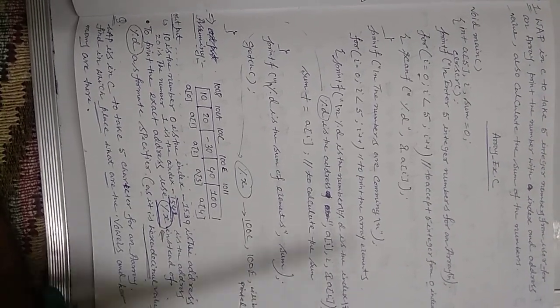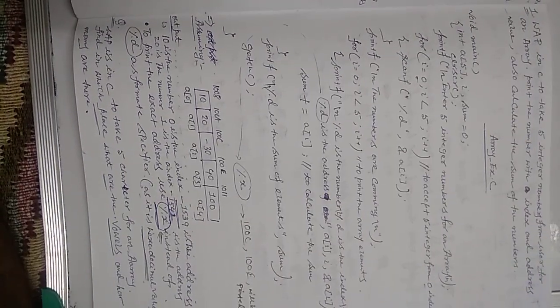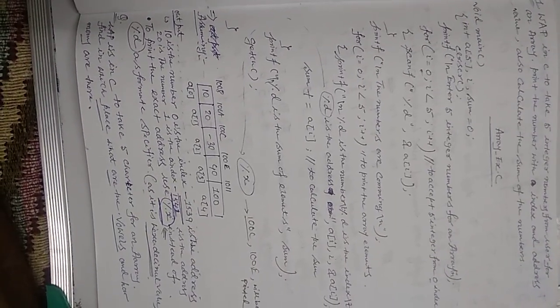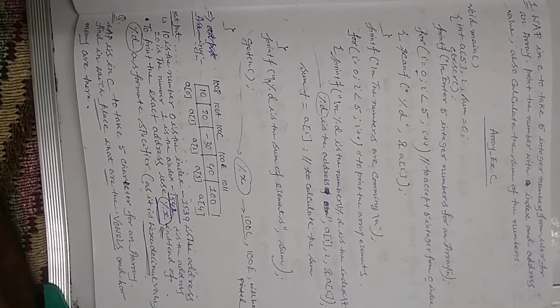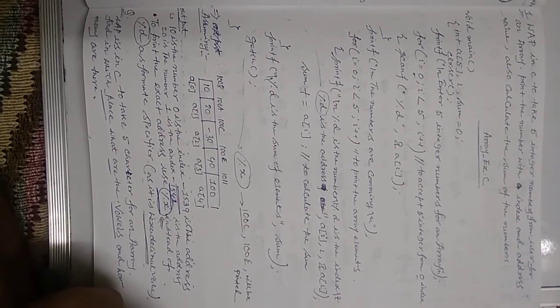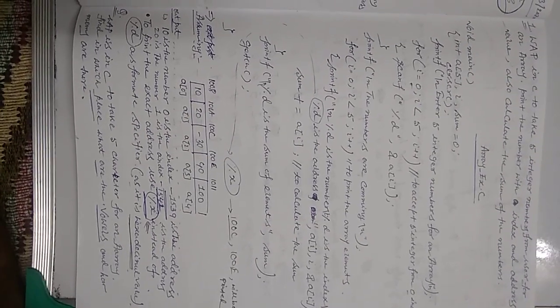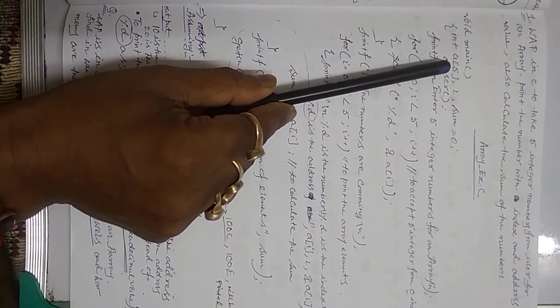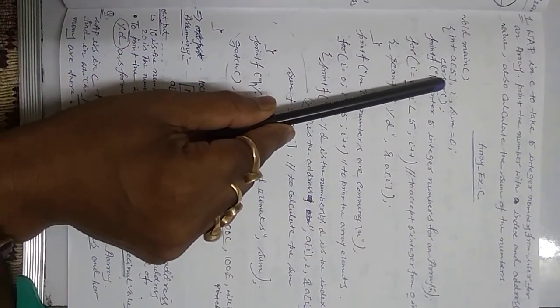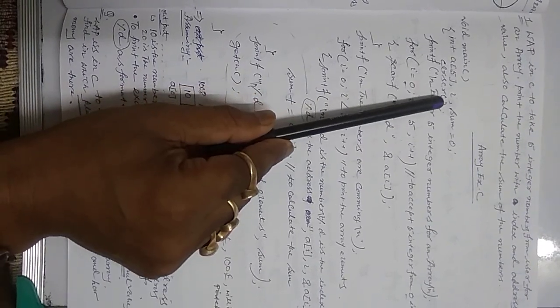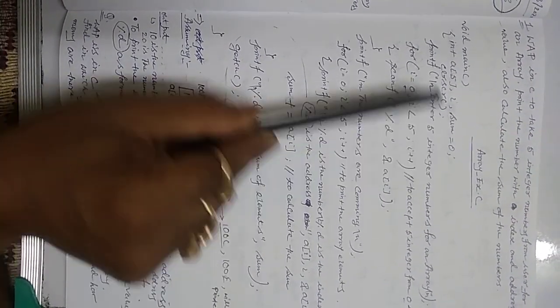So we know that program compilation starts with main, with a suitable file name, array underscore ex.c. So here, instead of declaring different variables, we will declare an array int a[5], then putting a comma, we will declare other variables required for this particular program.